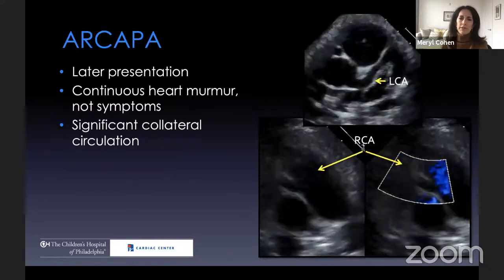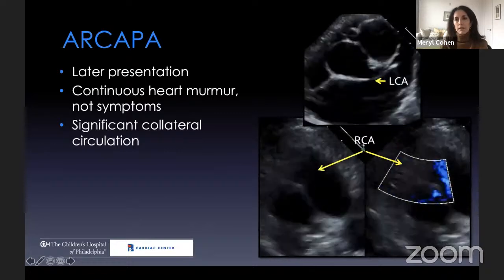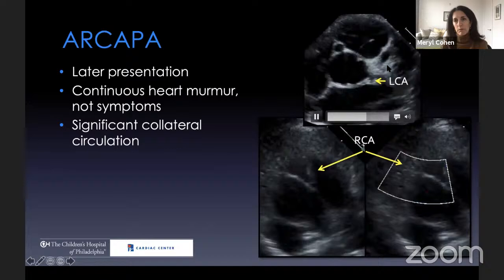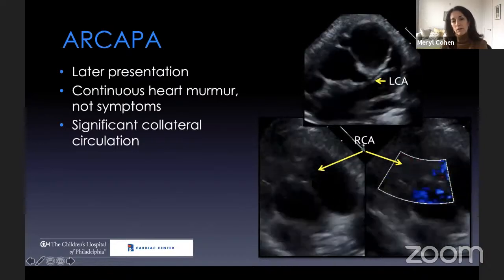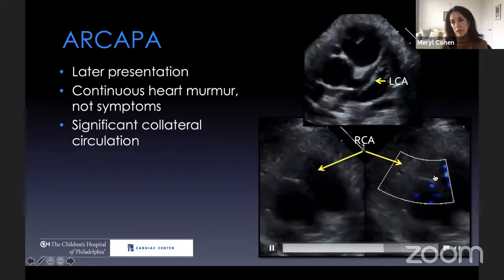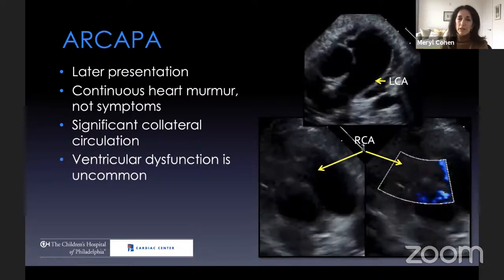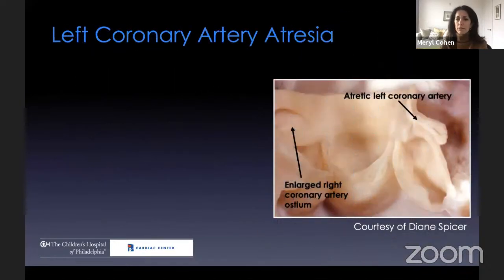And they usually have a significant collateral burden, which you can see here. You can see in this parasternal short axis view a very dilated left coronary artery, which is taking on the burden. And you can see the right coronary artery making its way into the proximal portion of the main pulmonary artery in this parasternal long axis view. Ventricular dysfunction is uncommon, but there have been some reports of sudden death in this population too.